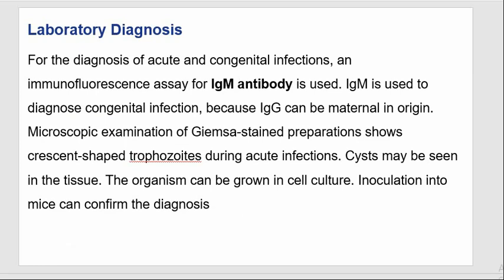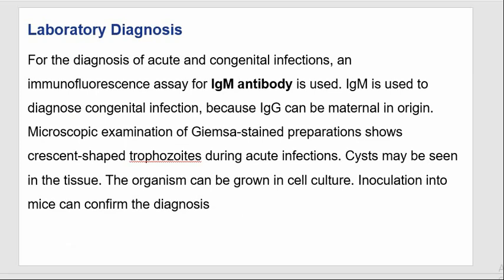بالنسبة إلى laboratory diagnostic of these species of parasite for the diagnosis of acute and congenital infection, an immunofluorescence assay for IgM antibody is used. IgM is used to diagnose congenital infection because IgG can be maternal in origin.